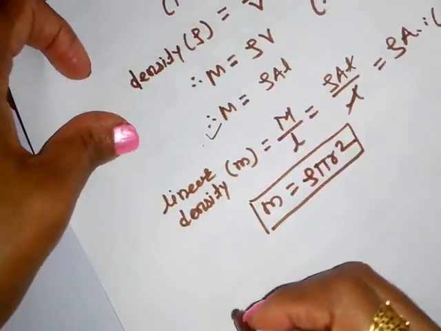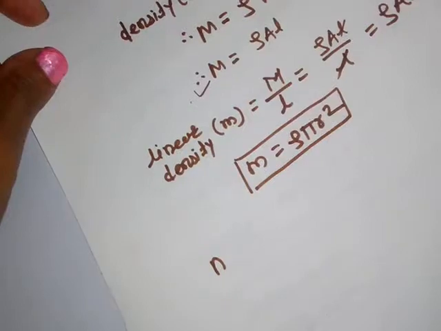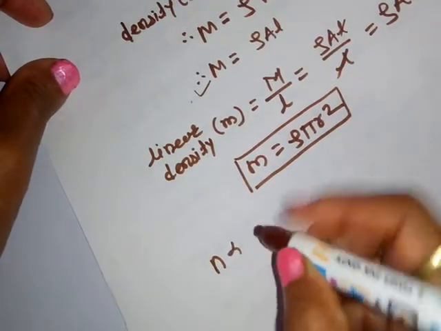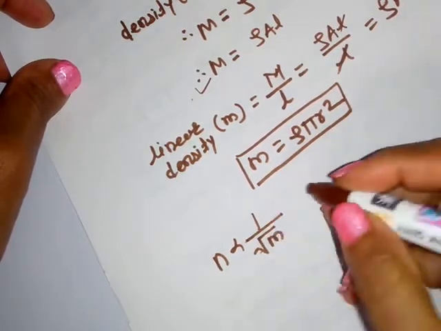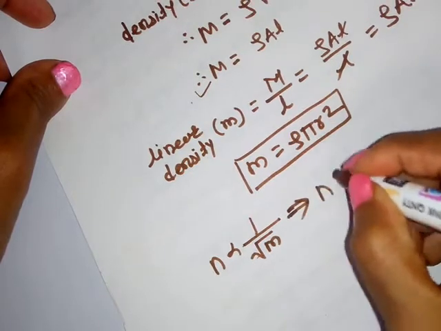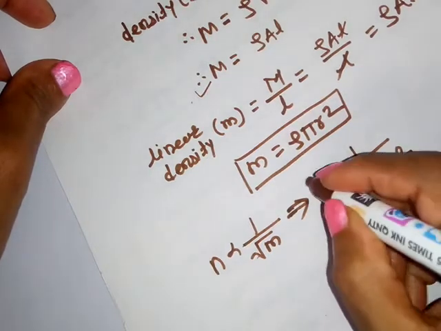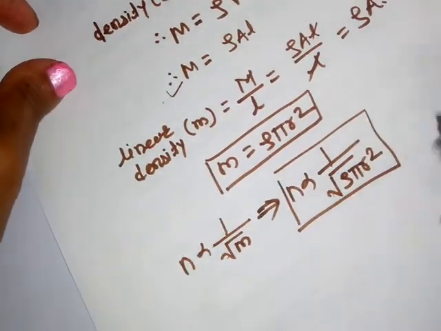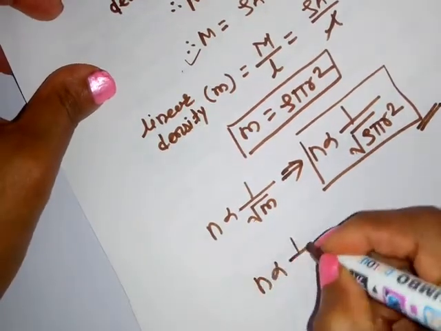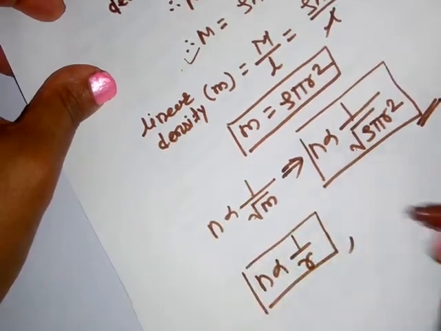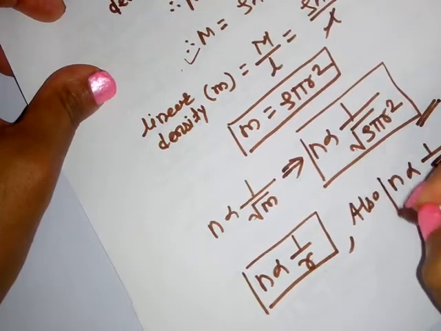Therefore, the third law, the law of linear density, is given by n is inversely proportional to root m. That is, n is inversely proportional to under root of rho pi r square. Now from this formula we can write two statements: n is inversely proportional to r and also n is inversely proportional to under root of rho.